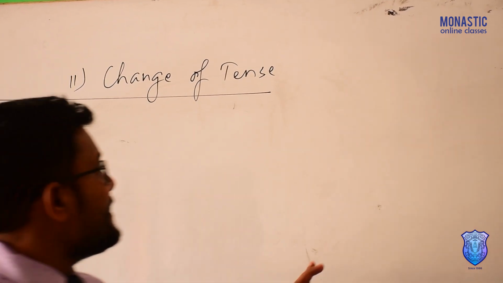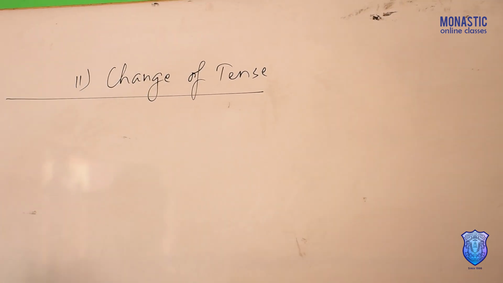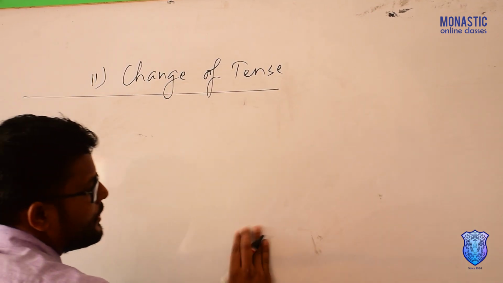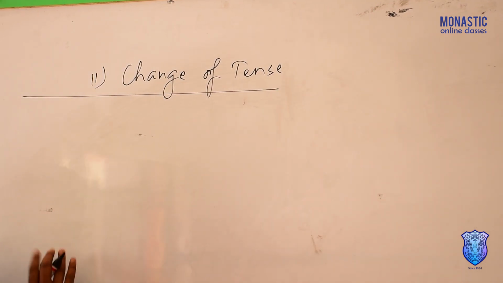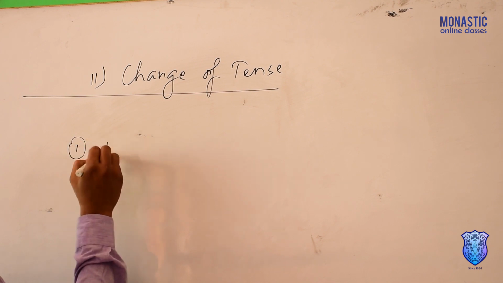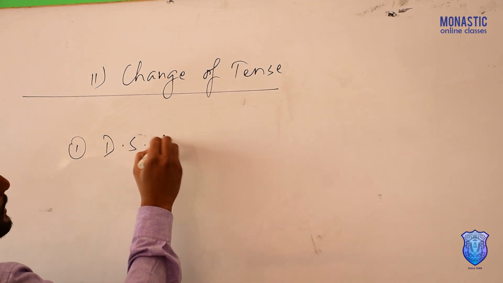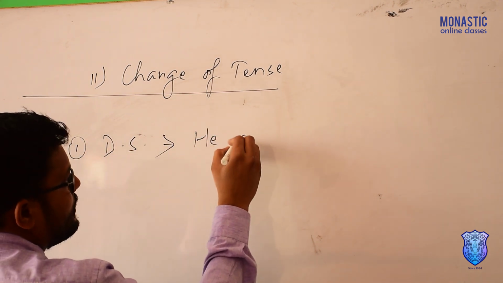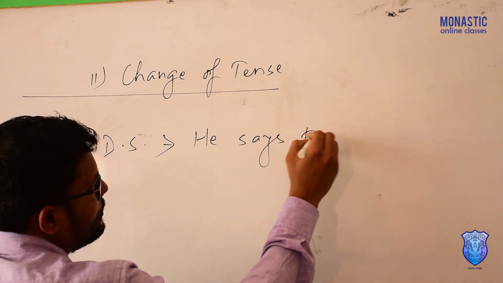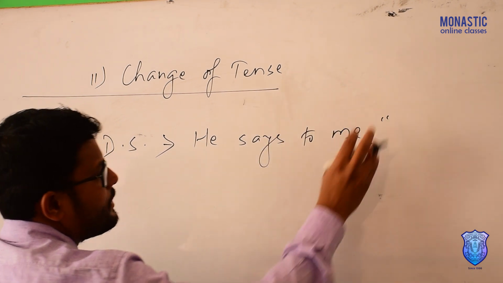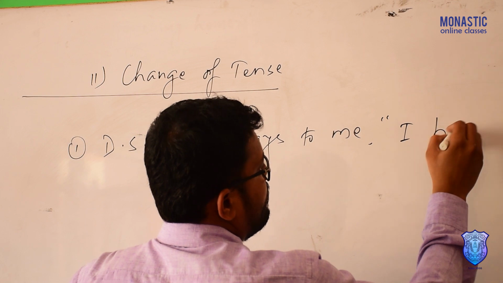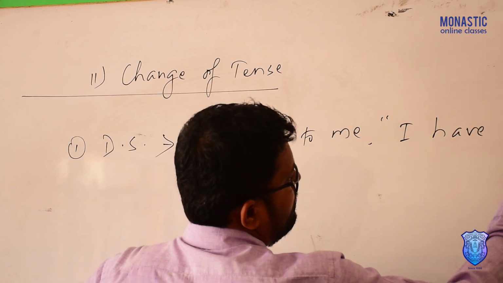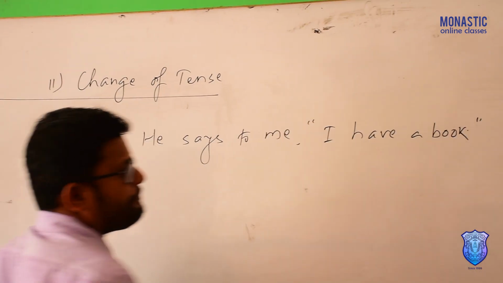Talking about this rule, change of tense, you have to concentrate upon the examples that I am going to give you first. The first example is: he says to me, I have a book.